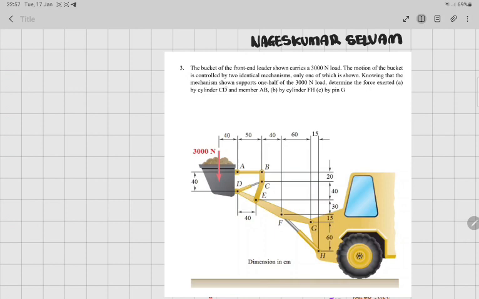Knowing that the mechanism shown supports 1/2 of the 300 Newton, determine the force exerted by the cylinder CD and a member of AB, and then by the cylinder FH by pin G.